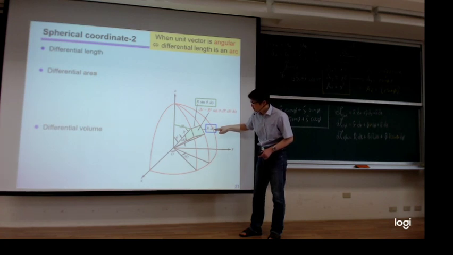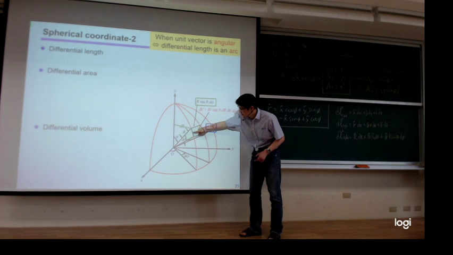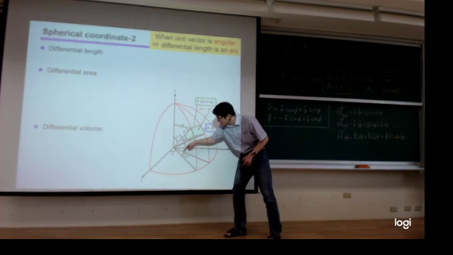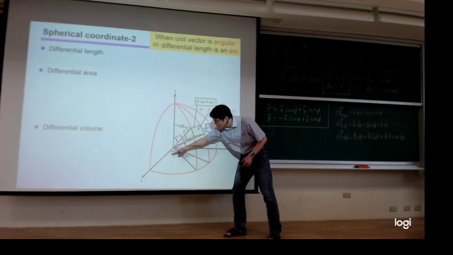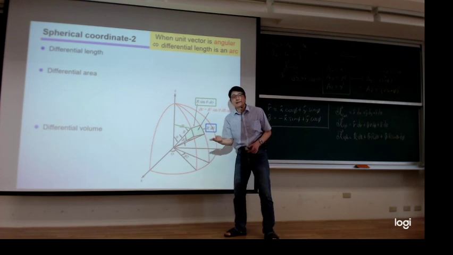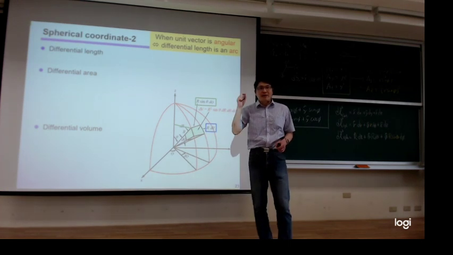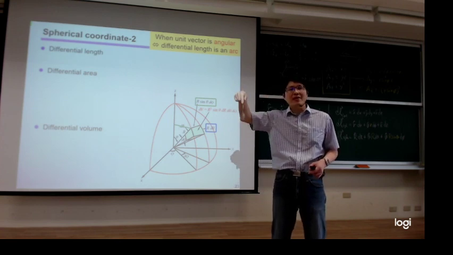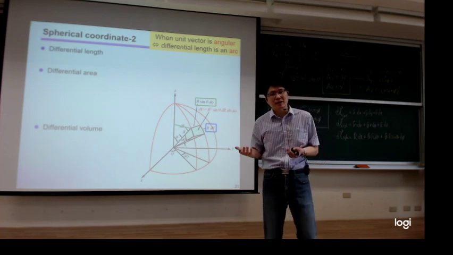Okay? So this is an arc. It is radius dependent. Now, what is the arc length from here to here? Because from here to here, we're changing in phi angle, phi plus d phi. Again, we have an angular unit vector, so the length spanned is an arc.